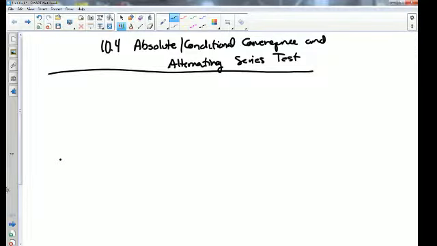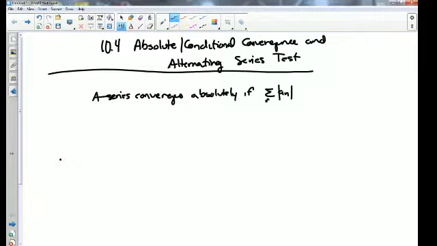So absolute and conditional convergence is actually fairly straightforward. A series converges absolutely if that's true.